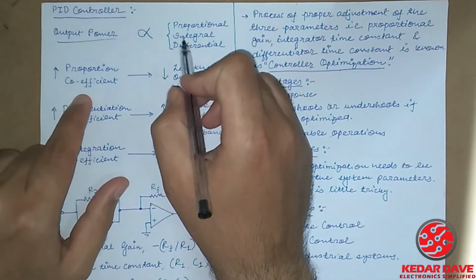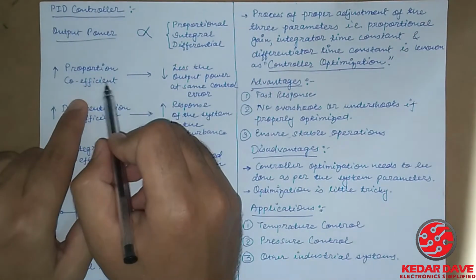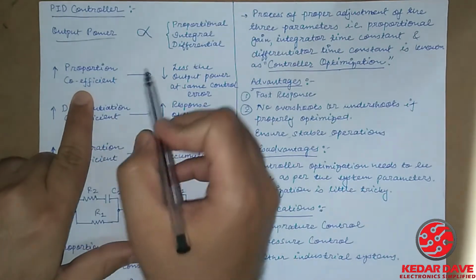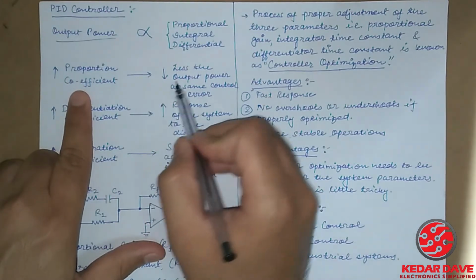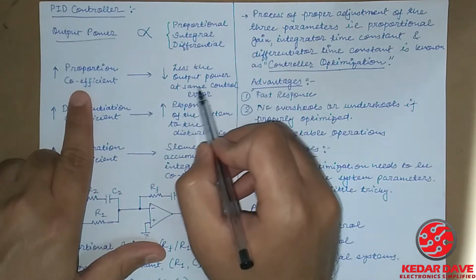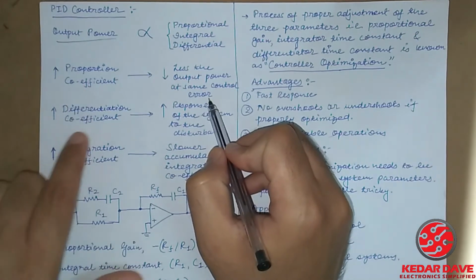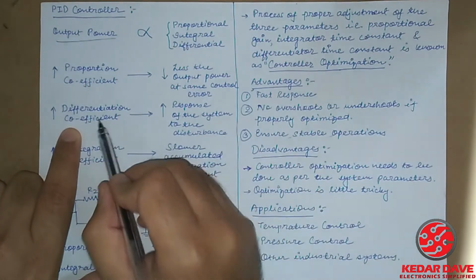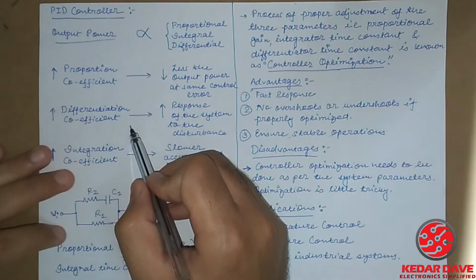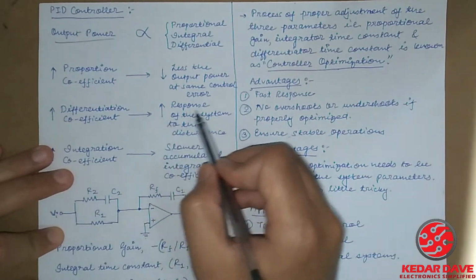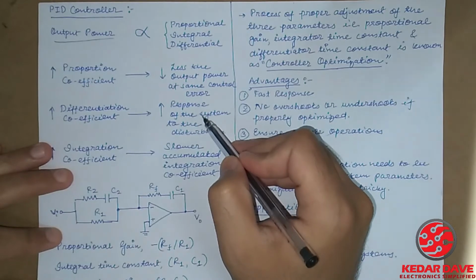Now let's see how it will be affecting this. First, if the proportional coefficient is greater, then the output power will be less at the same control error. Okay. After that, if we check the differentiation coefficient, if it is higher, then the response of the system to the disturbance will also be higher.